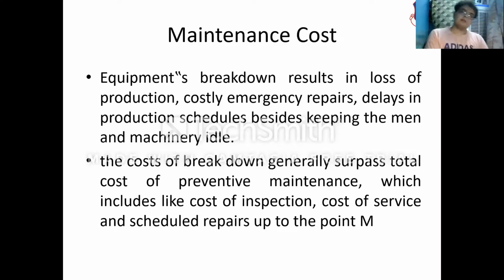And as the working of the equipment has stopped, the loss of production will take place. Means the production will get obstructed. So there will be no production until the breakdown gets repaired. Okay, so this is a loss to the industry, to the owner, and also to the production.